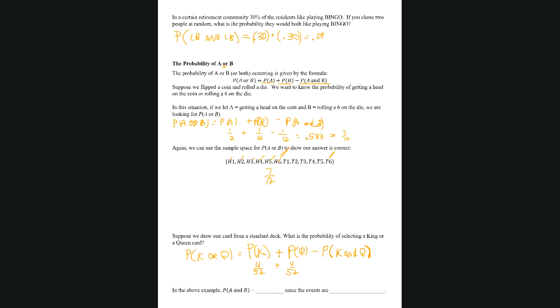No, you can't. These are mutually exclusive. So basically, the probability of drawing a king and queen at the same time is 0. So it says in the above example, the probability of A and B is 0 since the events are mutually exclusive.